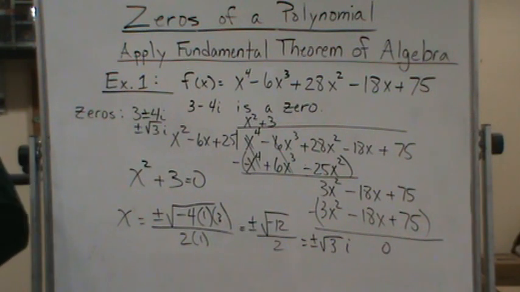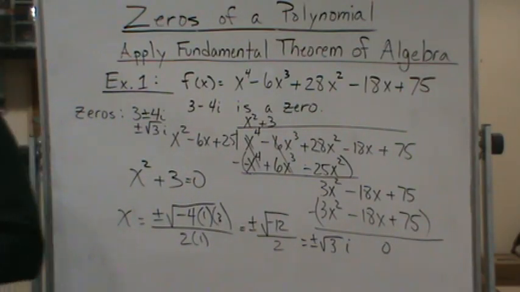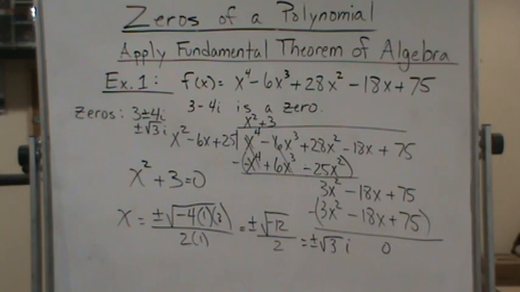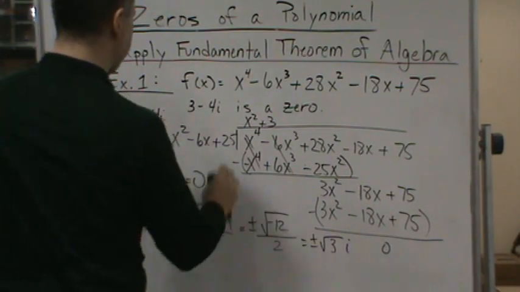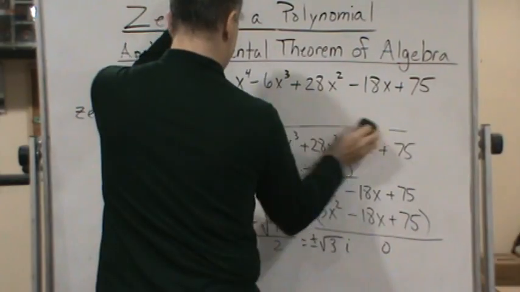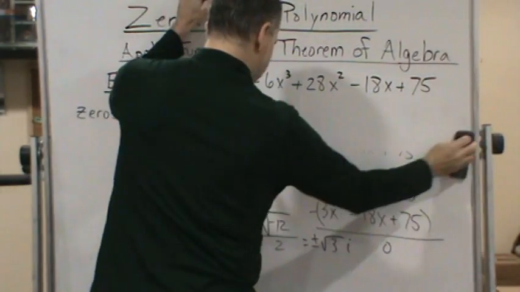All right, so now that we have those, part B says, okay, factor f into a product of linear factors. Now we can factor out our polynomial.